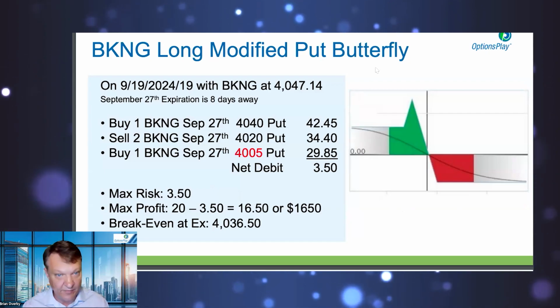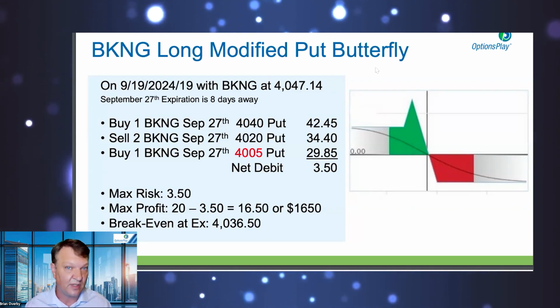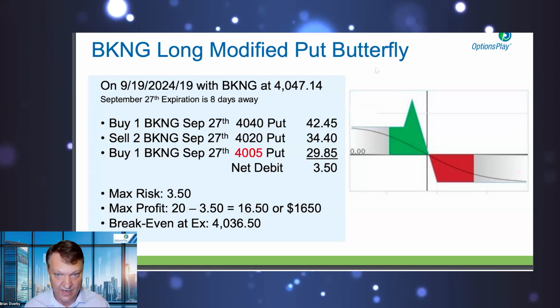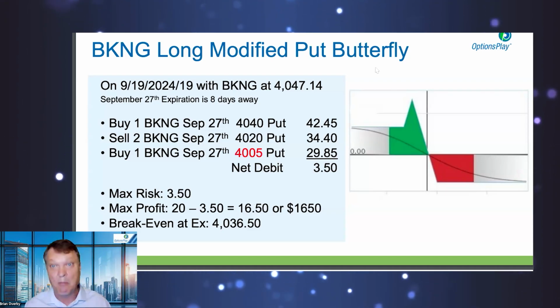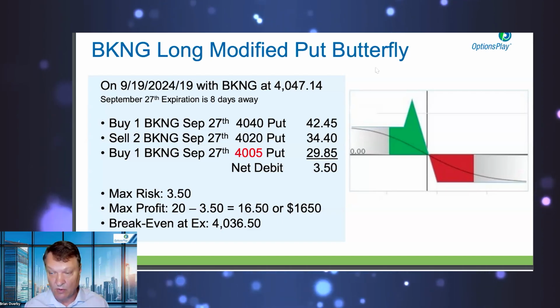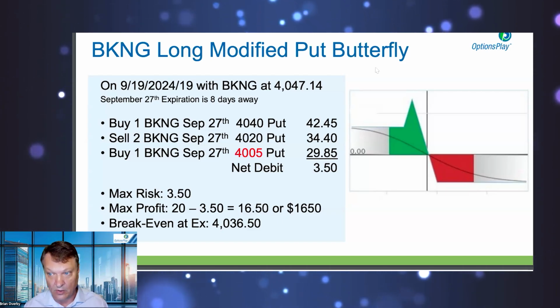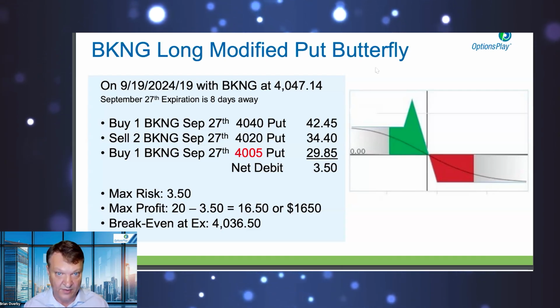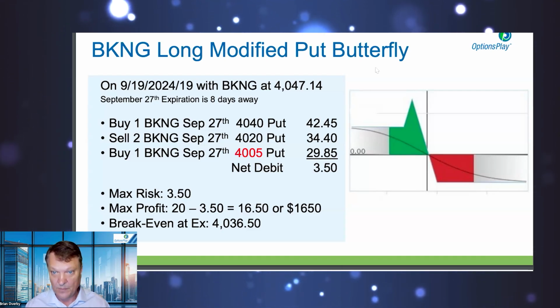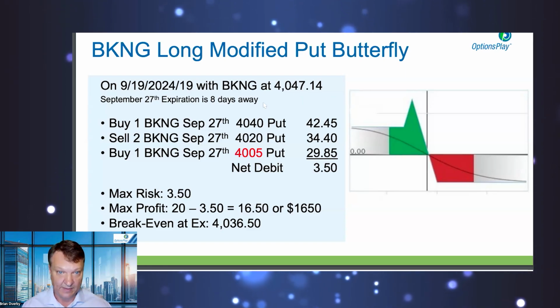So there's 40 different strategies, and I have about 6 different types of butterflies and outlooks and strategies and modified butterflies. But this one in particular isn't in there. So I went into the options play software and doctored up a profit and loss graph to try to help us understand this trade. So we're going to use the same examples on that butterfly.